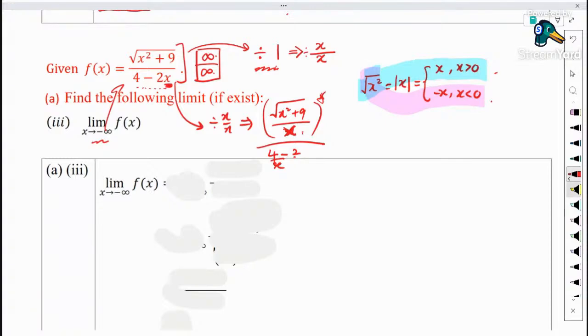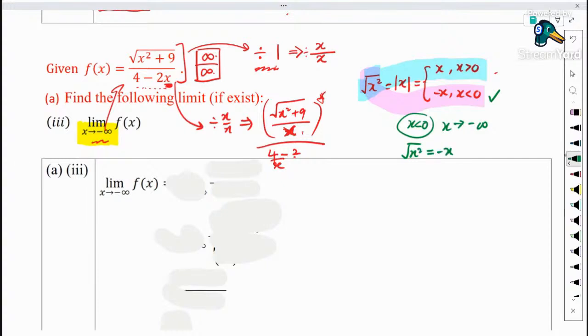How we determine is that you refer to these limits here. You see x approaches negative infinity. So if x approaches negative infinity, I'm referring to the case of x less than 0. So for x less than 0, which is the case in this question, square root of x squared is actually equal to negative x.